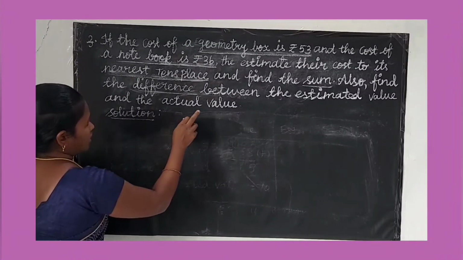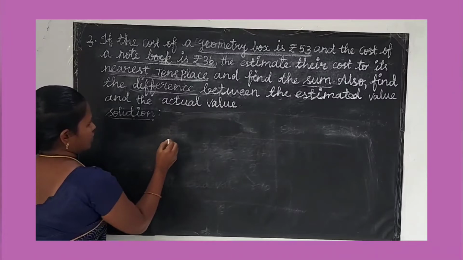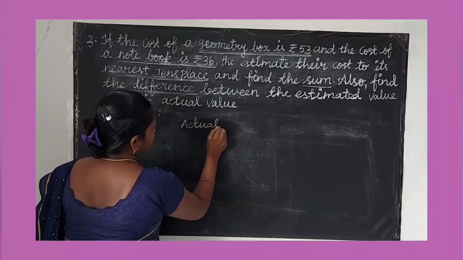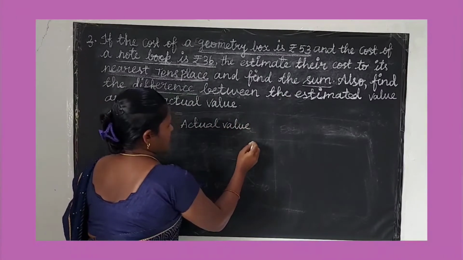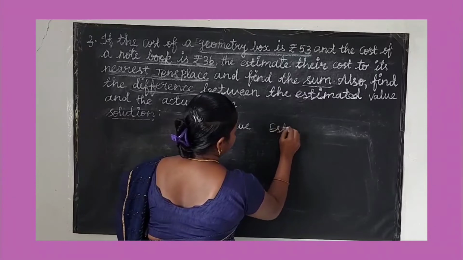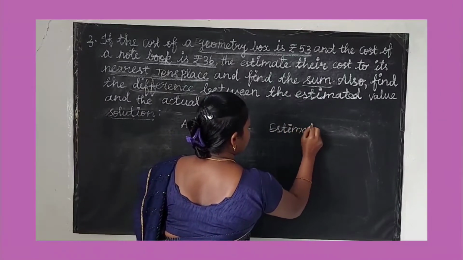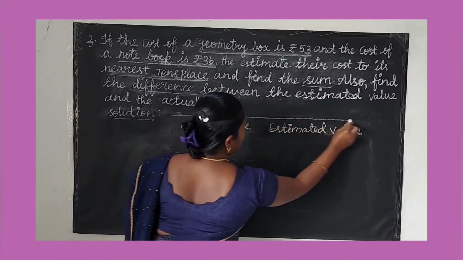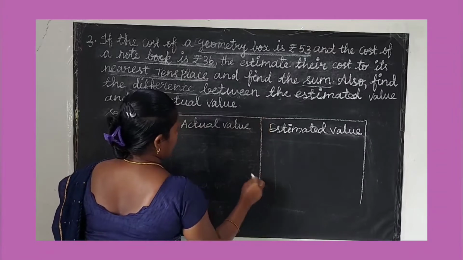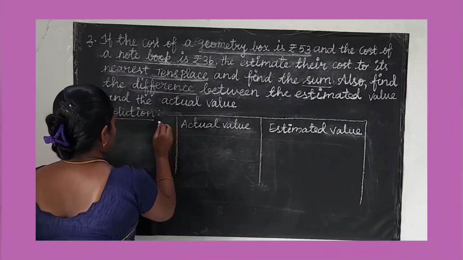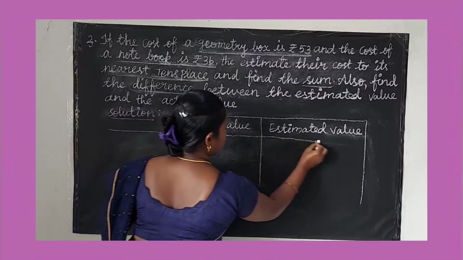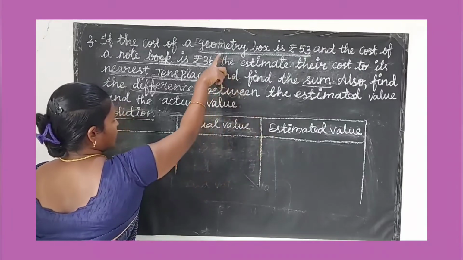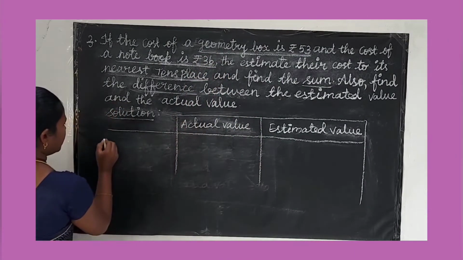We find the actual value and the estimated value. Put two columns: the first one as actual value, the next column as estimated value. So, for the actual value and estimated value, first we write the given values.